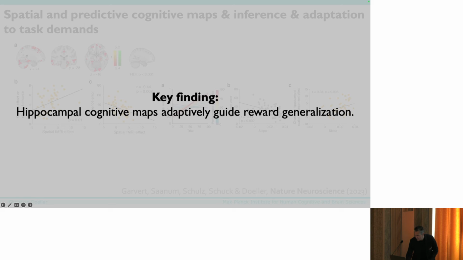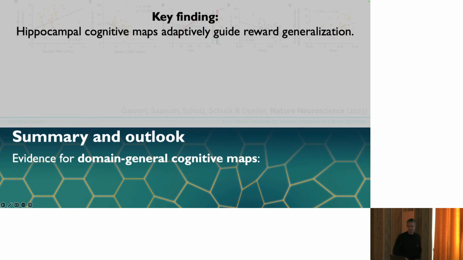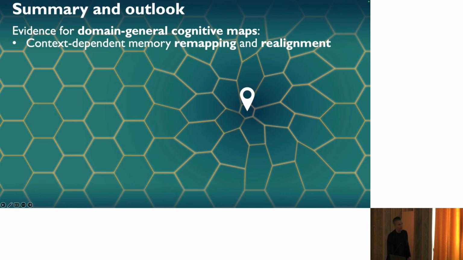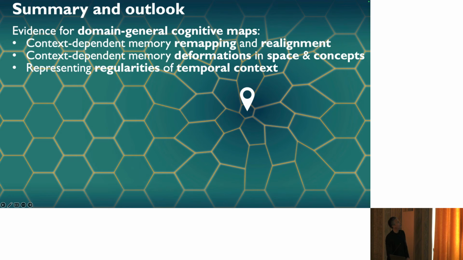Let me jump to my outlook slide. I just want to wrap up the findings I described here. You saw some evidence for context-dependent memory representation, showing remapping in the hippocampal system and alignment in the entorhinal cortex, which predicts context-dependent behavior.